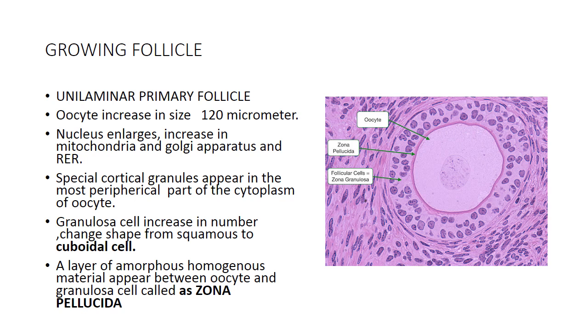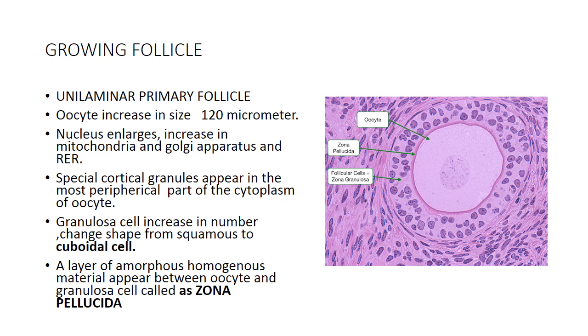But during the reproductive period of an adult female, three types of follicles can be seen in the ovary, and these three types show the different stages of development of the follicle.